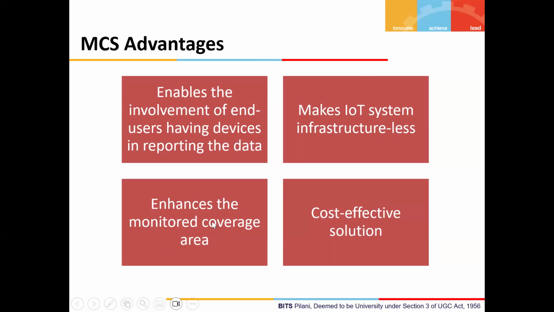People are residing in each city, right? We can utilize them to collect the data based on our requirement. And this is a cost-effective solution because there is no need to set up the environment, no need to invest in deploying the sensors and maintaining them, right?